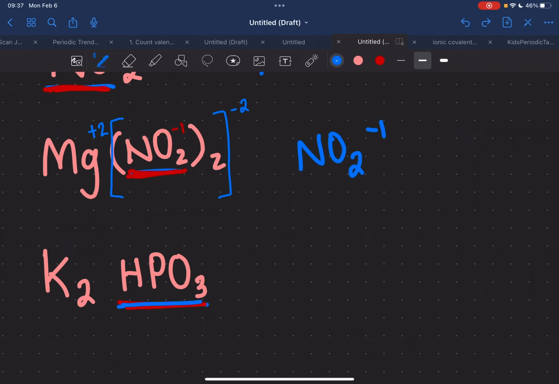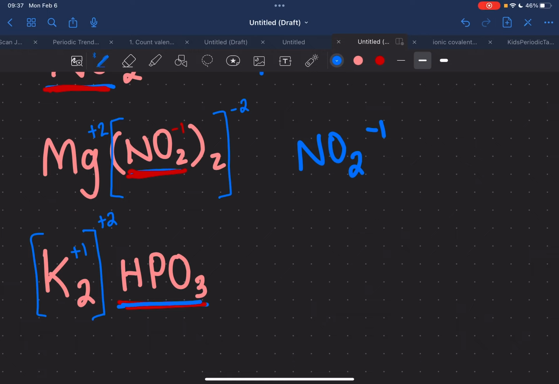So our K is potassium, and a potassium ion is always going to have a charge of +1. But since I have 2 potassium ions in this case, the overall charge on the first half of my formula is going to be +2. Those 2 potassium ions come together, add up to a +2 charge.